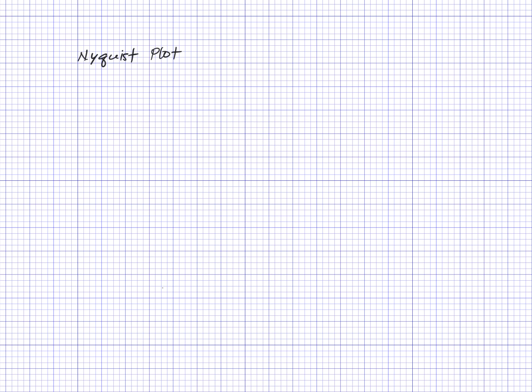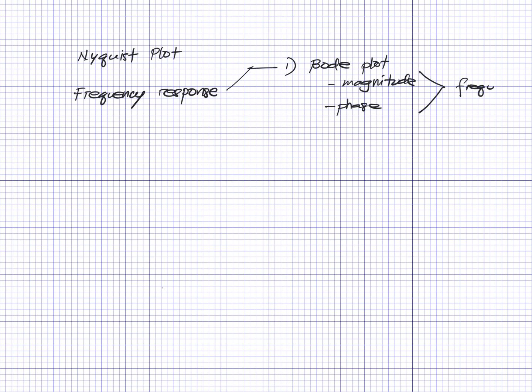As we have learned, for the frequency response of a system, there can be two types of plots. The first one, which we already have discussed, is called the Bode plot, which shows both magnitude and phase, and both are functions of frequency in separate plots.